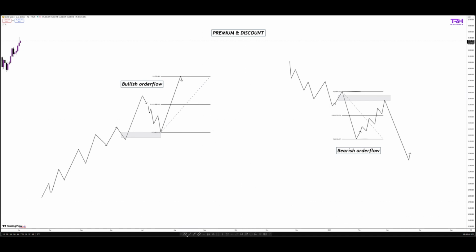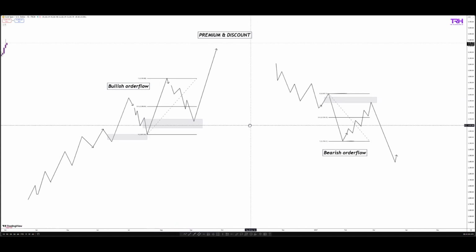All you have to do is wait for price to come back into that zone and buy off again, giving us a new swing high and a new swing low, just like that. More of a continuation till price decides to change the trend.